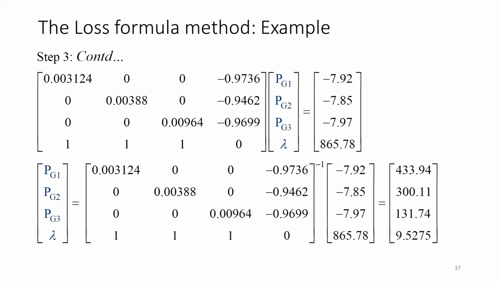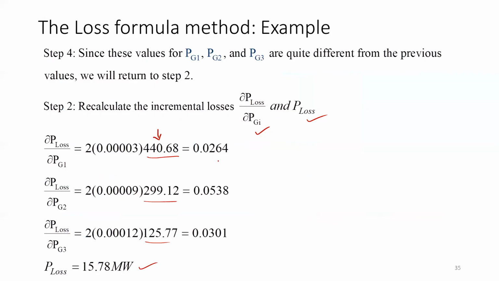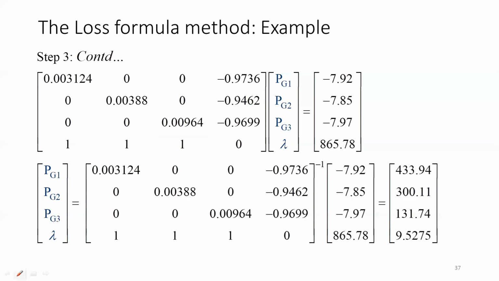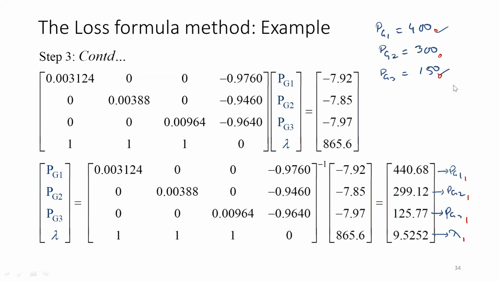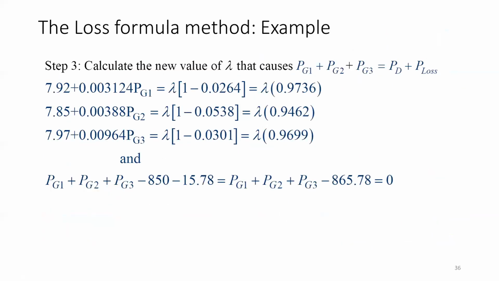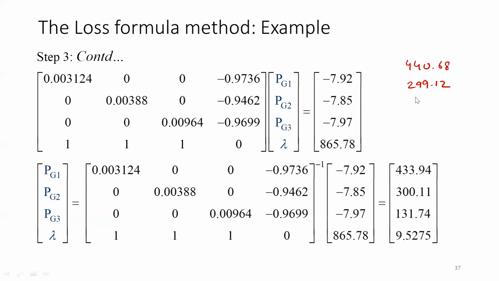Okay, so what was my previous values? Let's see. I got 440.68, then it was 299.12 probably. What was the last value? 125.77 and probably 9.75.